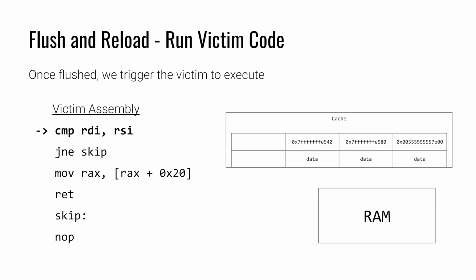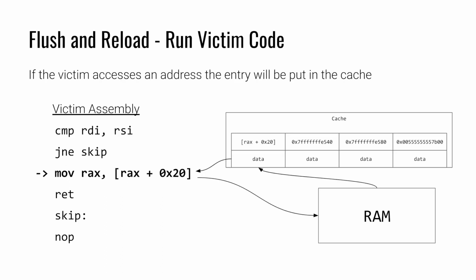Now, once that value is flushed, we trigger the behavior. We want this victim assembly code to run. The victim assembly code starts running, and performs its comparison. Maybe the branch goes this way, and the victim does access this memory address. When the victim accesses the memory address, it goes all the way out to memory.